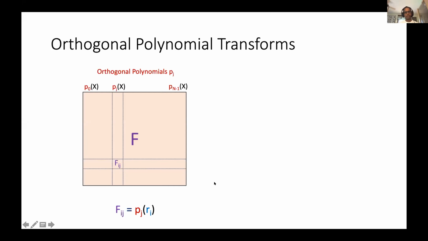So that's not what we're going to do. We're going to look at what are known as orthogonal polynomials from a given family. We index from 0 to n minus 1, so p_0 to p_{n-1}. And we're going to look at the roots of the nth orthogonal polynomial in the family, r_0 to r_{n-1}, and that's how you do it.